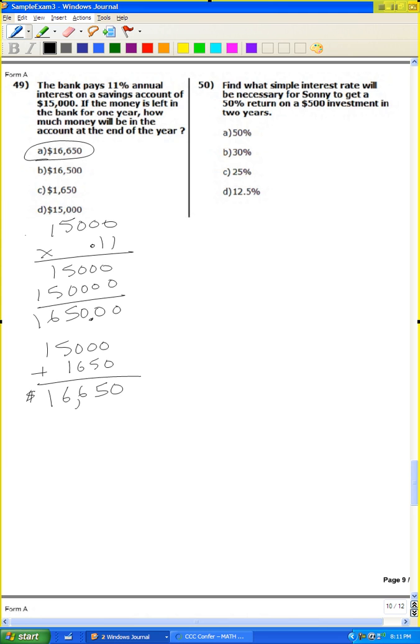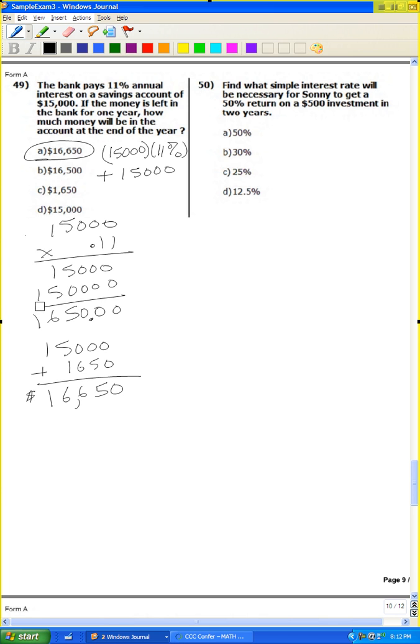Sure, sure. So you started with $15,000. You had an 11% interest rate, and so in the first year you made 11% of that 15,000, but you also still had your original 15,000. So you multiply 15,000 times 11%, which I just did here, and then I add to that.